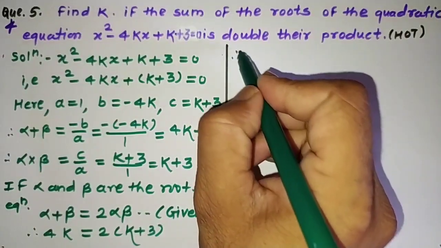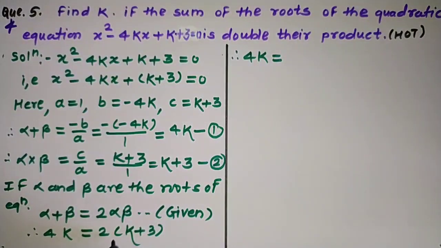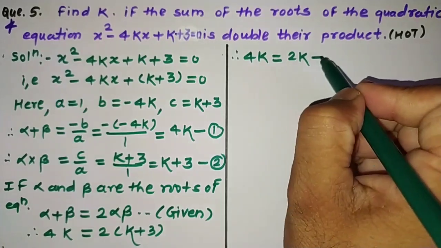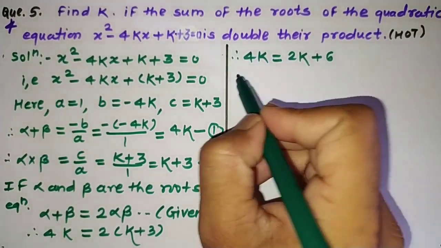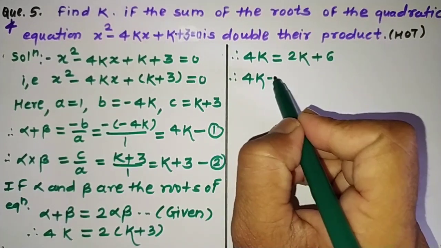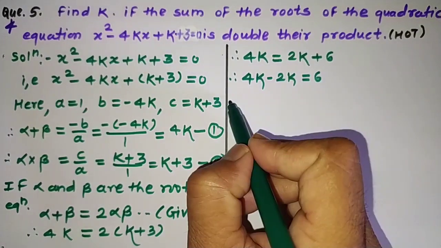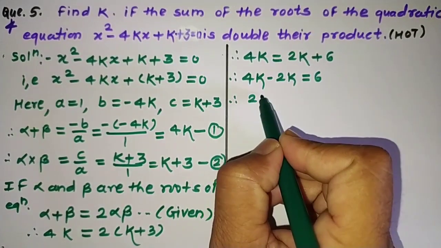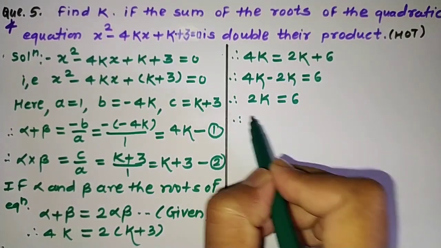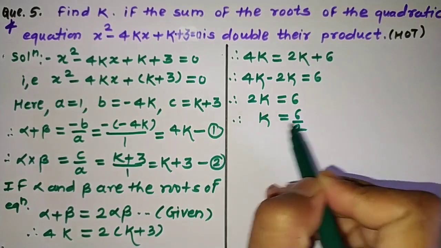Therefore 4k is equal to 2 multiplied by bracket, 2k plus 2 3s are 6. Therefore 4k minus 2k is equal to 6. 4k minus 2k is equal to 2k, equal to 6. k is equal to 6 upon 2.